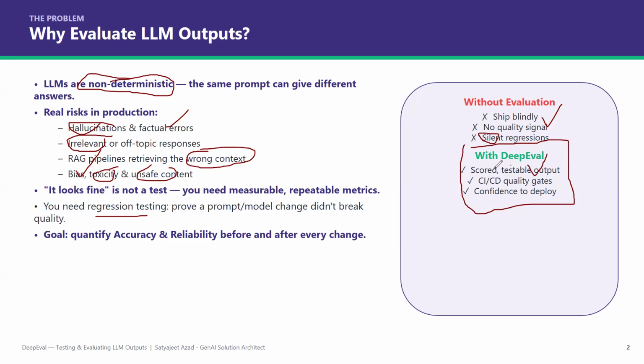You can test it, give scores, and add it to CI/CD. With a CI/CD pipeline, you have checks and balances, quality gates. You pass the output to DeepEval and have the confidence, when you deploy the application, that your responses are accurate and reliable. This is how DeepEval helps with production-grade applications.